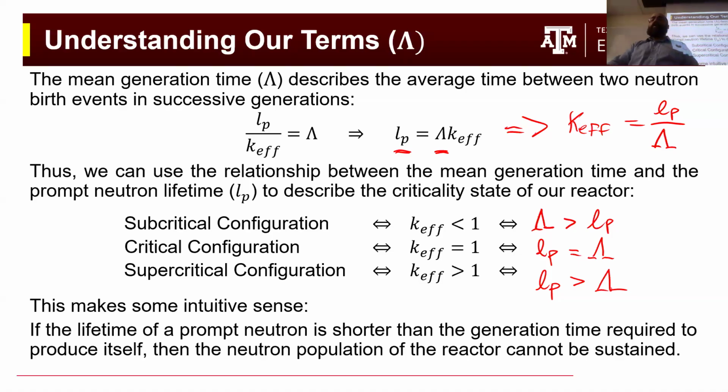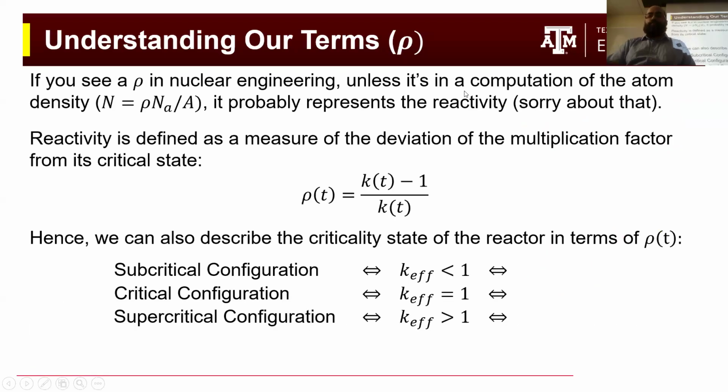You have to have LP equal to the mean generation time or LP greater than the mean generation time. So that's some more to know about the relationship and the definition of the mean generation time.